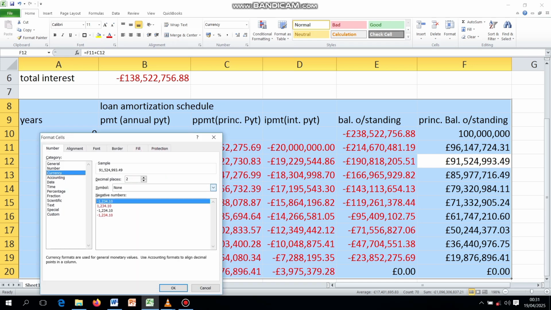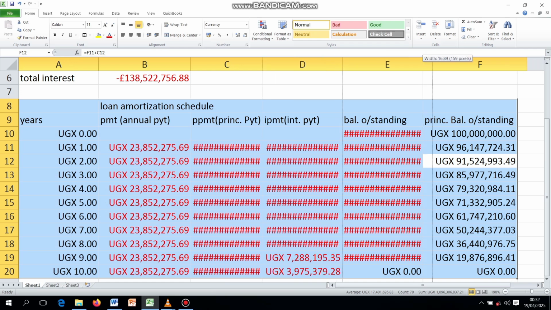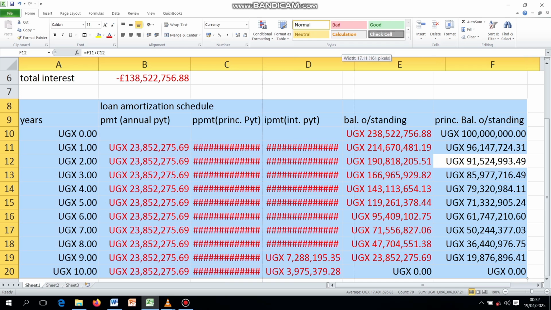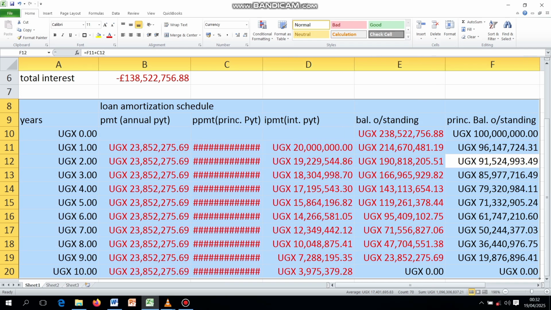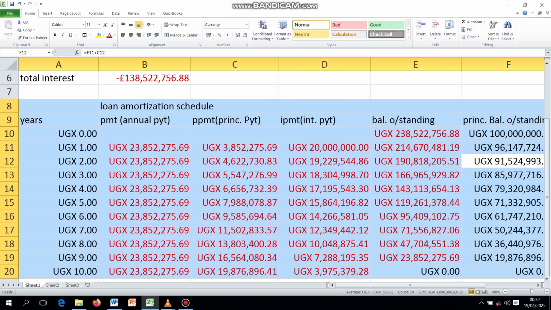I'll go to currency. I change the currency to UGX. Then I'll put them into the positive. So I'll just make adjustments here so that values can fit in very well.